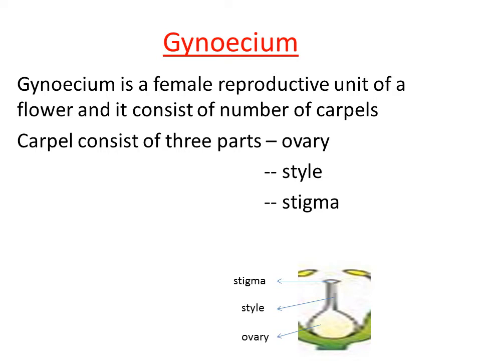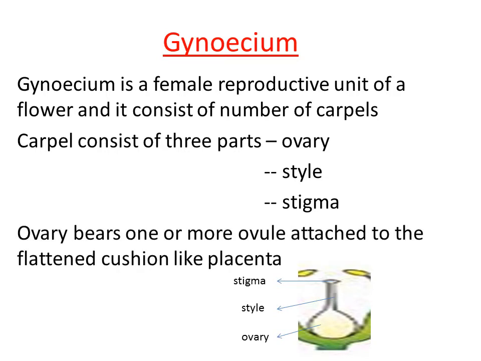Clear? Within the ovary there is a specific structure called the placenta. The placenta is a nutritive tissue, and to this nutritive tissue all the ovules get attached. Clear? So the ovary bears one or more ovules.